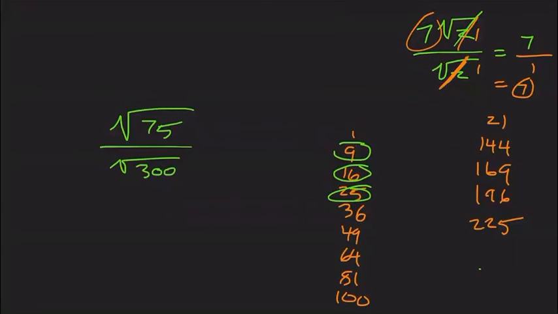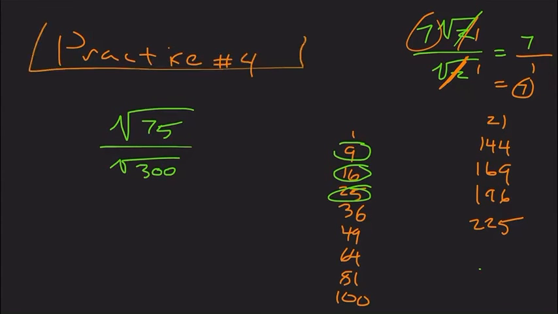This one will be a little bit different than the last ones, but try to simplify this so that there are no square roots left at all. See what you can come up with. Let's pause the video and try this one out. Square root 75 over square root 300.